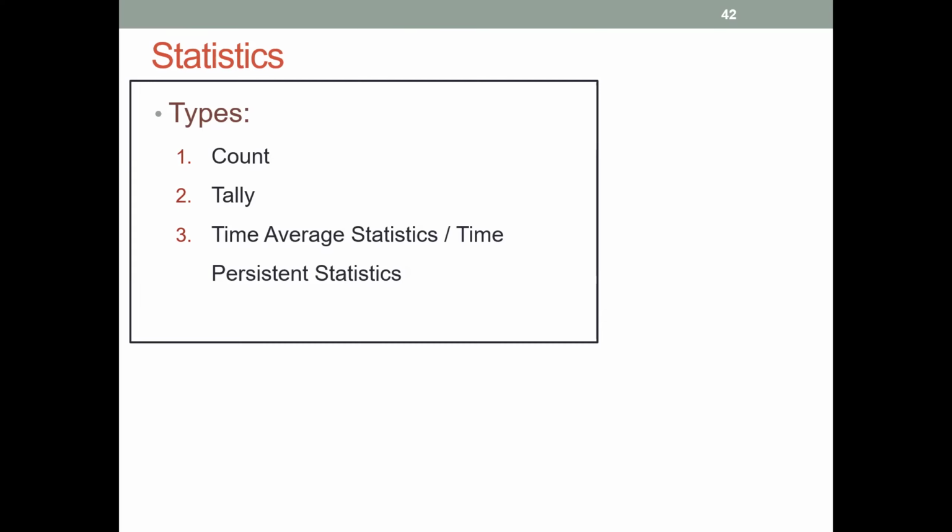When you're looking at the working process for the day, you're trying to measure the change in the working process during the day, and that's typically observed as a time average statistic. But if you're looking for the final value, let's say at the end of the day, or at a specific time of the day, let's say at 6 o'clock, that is not looking at the changes throughout the day, it is looking at a specific observation.